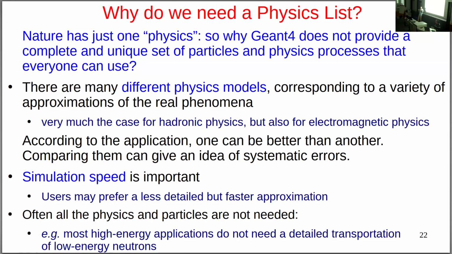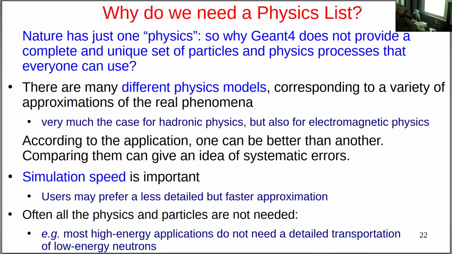And because there are several models, several levels of detail and accuracy in electromagnetic, but even more in hadronics, you need to think about what you want to simulate, what degree of accuracy you need. And based on that, you have to make a choice of what is best for your case.